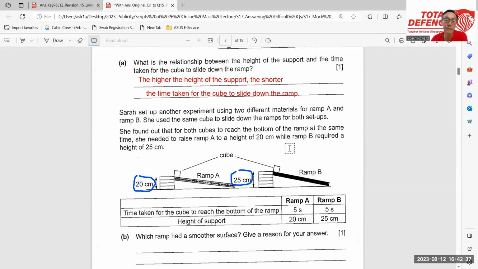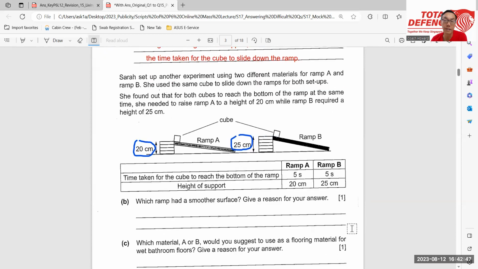Okay, next question is also comparing two ramps. One is 20 centimeters, one is 25. And interestingly, both the cubes slide down in 5 seconds. So which ramp had a smoother surface? So if you analyze this, right, definitely ramp A has a smoother surface.